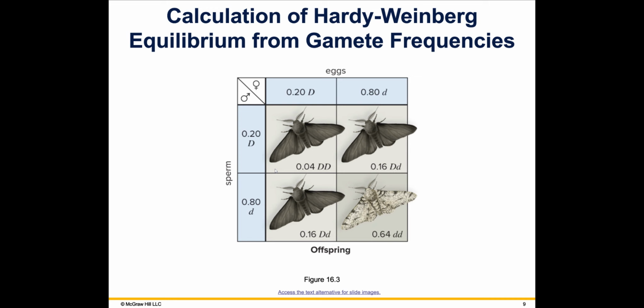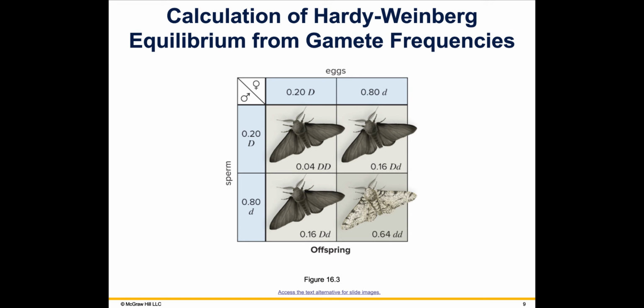What happens when we cross those? We're finding that only 4% or 0.04 would then have that homozygous dominant characteristic or genotype and give you that dark characteristic. We would find 16 plus 16, so 32 percent of the population would be heterozygous.